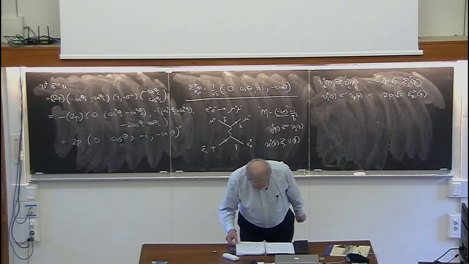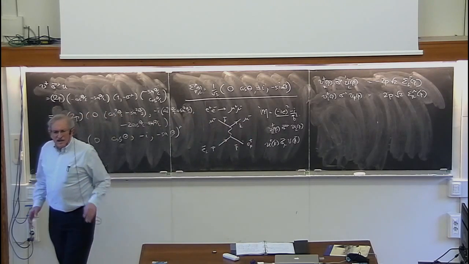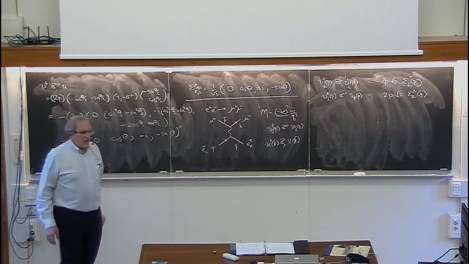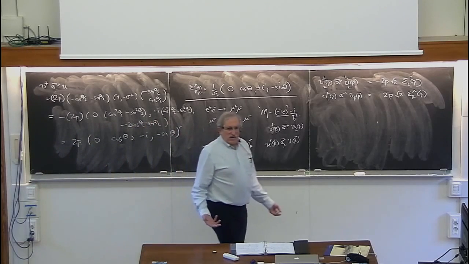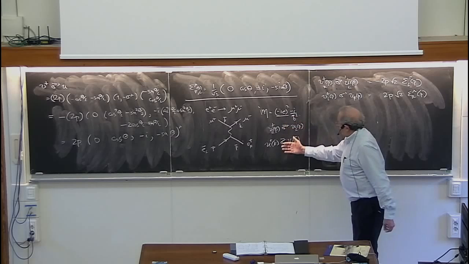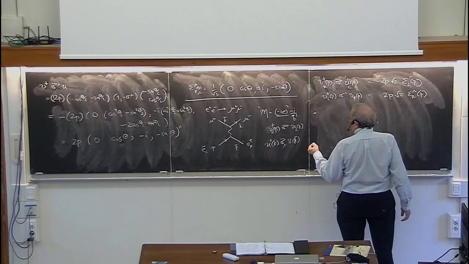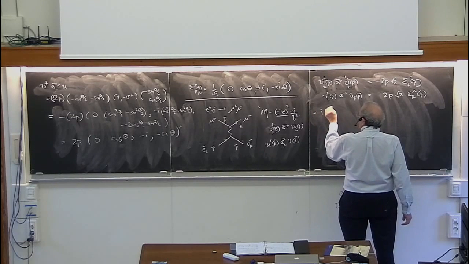Okay. Well, now, I hope this is all very simple, but we're already at the point where we can get some physics out of this. Because if I compute this matrix element, this is just i e squared over q squared.